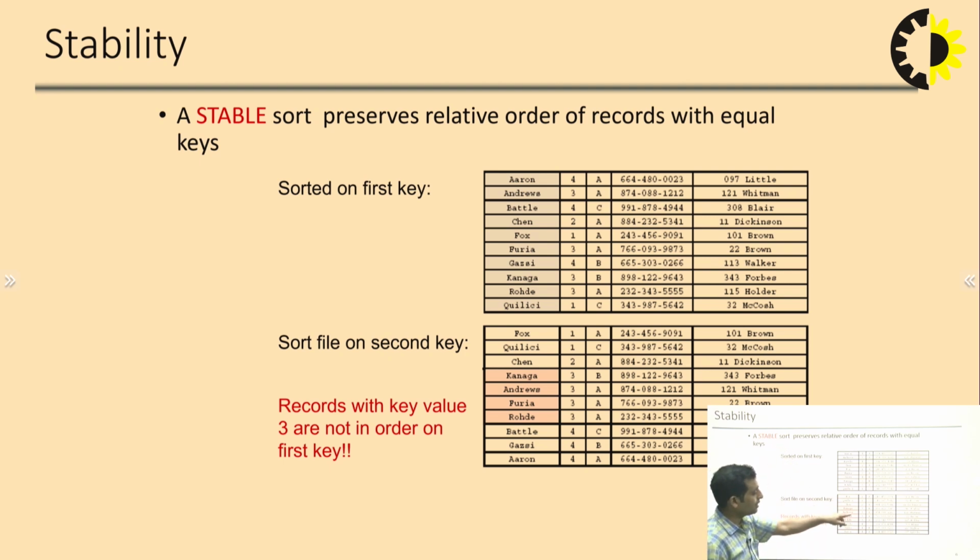But in this case it is not a stable sort, because the relative sequence has been changed. So some algorithms or techniques are suitable for stable sort, means they perform according to stable sort, and some may not. So keep this property of sorting in mind.